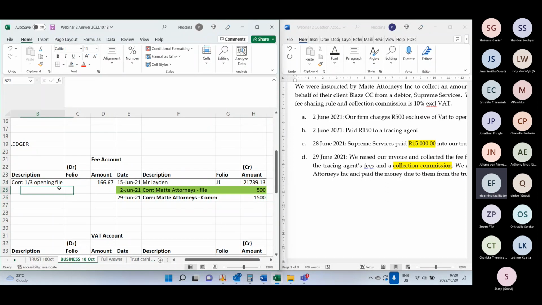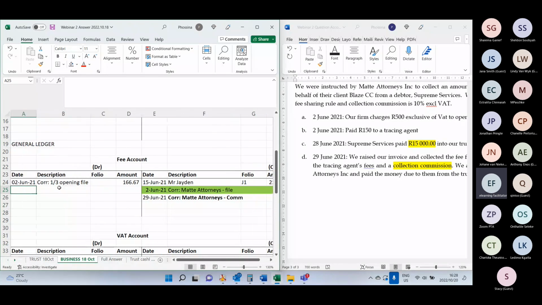But remember, this is our correspondent. We have to give him something out of that fee because he gave us his matter. So we have to give him a third of the collection commission. The commission is 1,500, and we multiply by 1 divided by 3, or you can say divided by 3, it's the same.